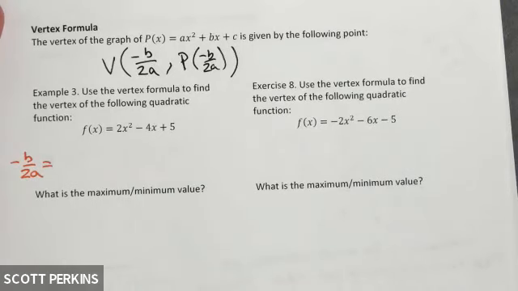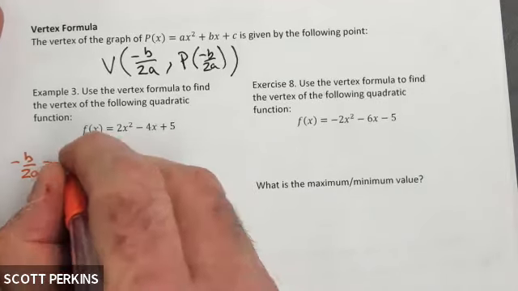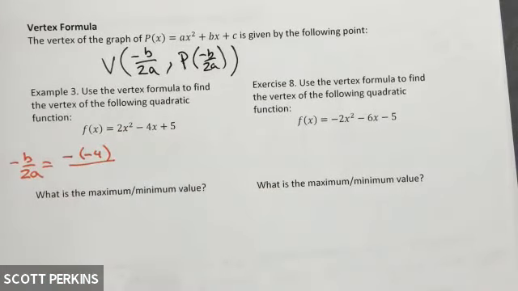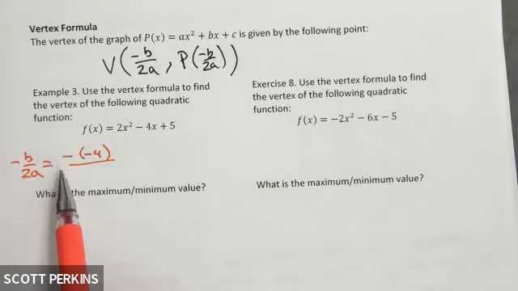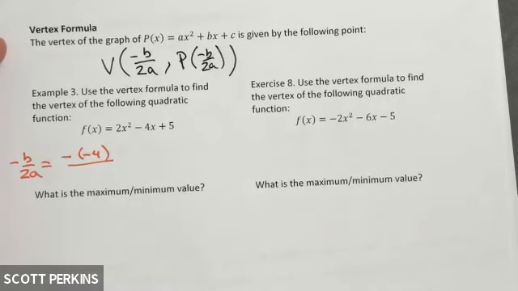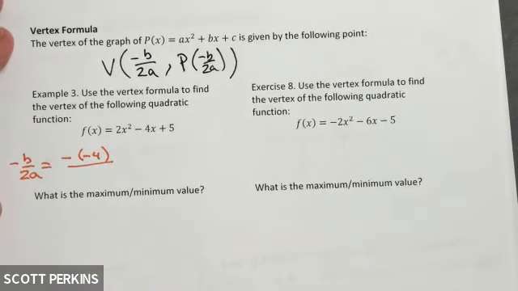So according to what I have, what's the value of b of this parabola? -4. So I've got -4. The first negative is part of the formula, the negative b over 2a. This second negative, that's the value of b, is -4. What's the value of a of this parabola? 2.